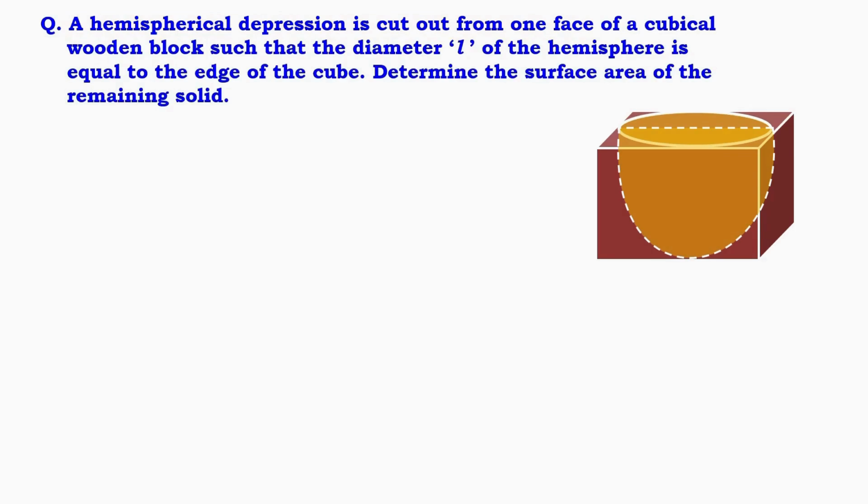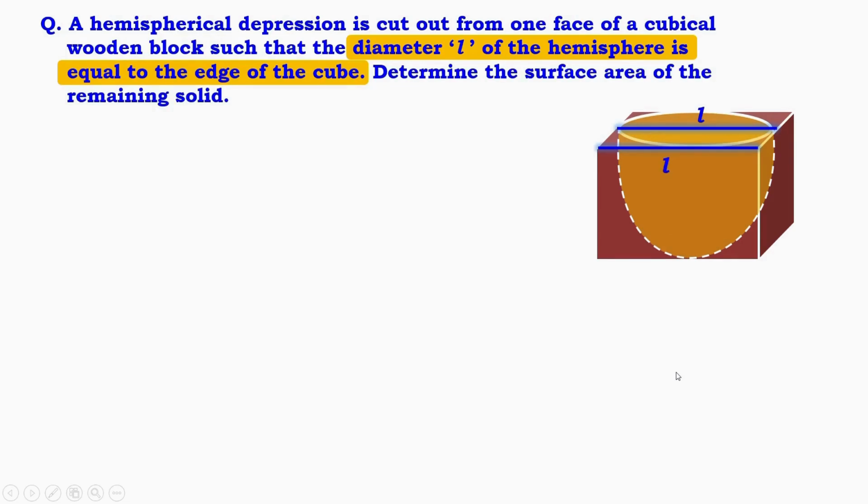So the shape will look something like this, such that the diameter L of the hemisphere is equal to the edge of the cube. So the diameter is going to be the edge of the cube. Okay. Now determine the surface area of the remaining solid. So whatever is remaining, that we need to find out.